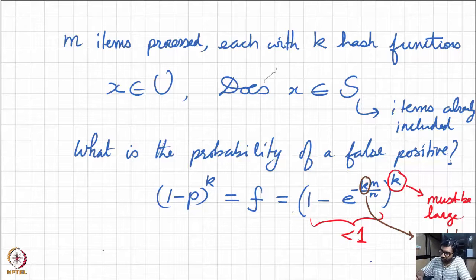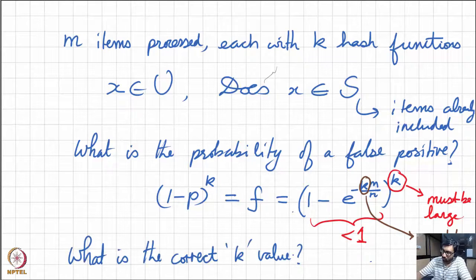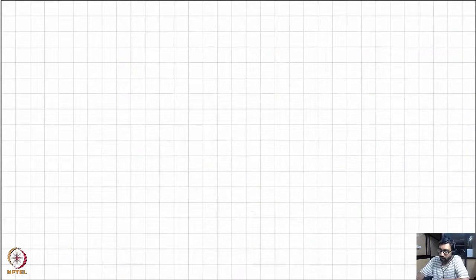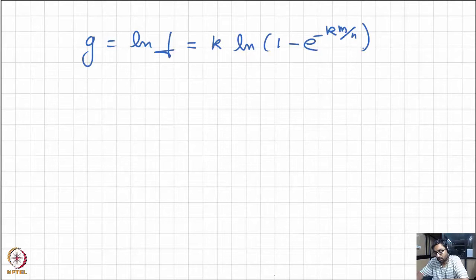Of course, the question that remains is, what is the correct k value? To answer this, let's look at g equals ln of f and see what value of k minimizes g. Because if we can minimize g, then we're also minimizing f. In order to find the optimal value of k, this is classic calculus.